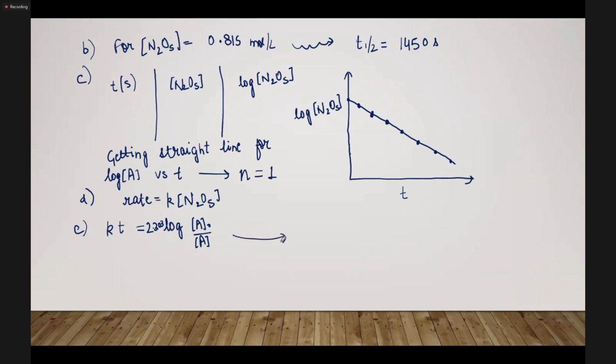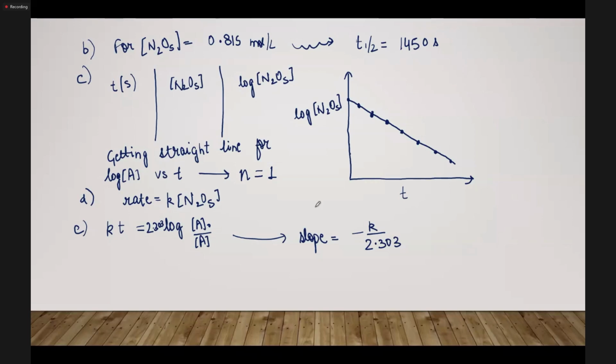According to this integrated rate law, the slope of the straight line is given by this expression. It is a negative slope, so it will be minus k divided by 2.303. This expression for the slope is coming from the integrated rate law. Now you want to find the slope from the original graph.